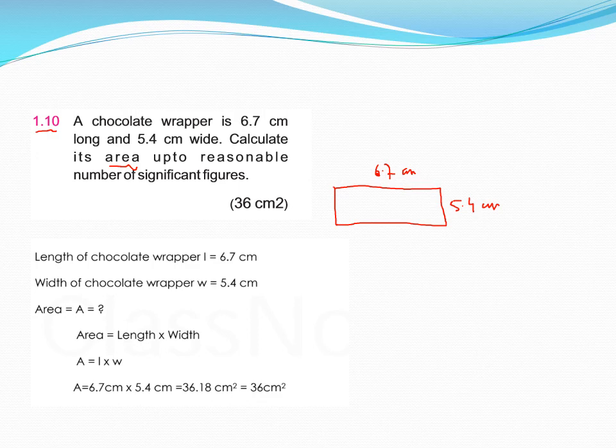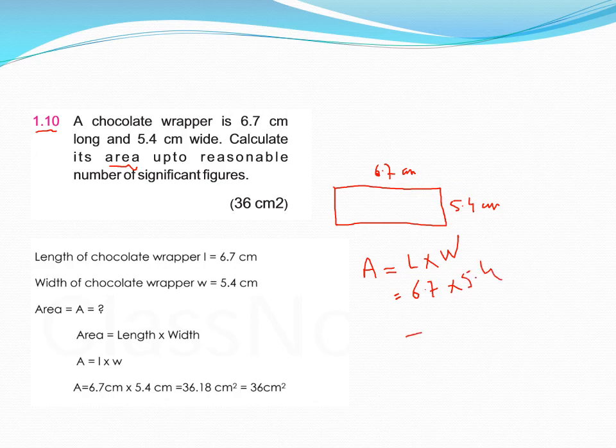You know, the area of this rectangle is obtained by just multiplying length with width. The length is 6.7 times the width 5.4.